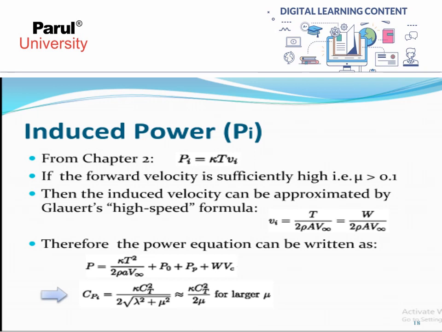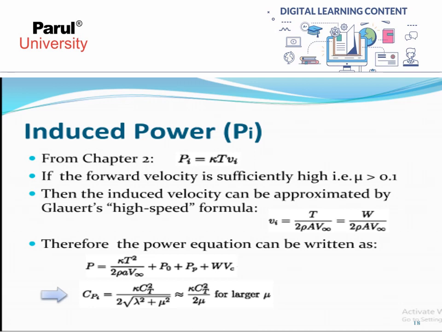Therefore, the power equation can be written as P is equal to k times T squared divided by 2 rho A V infinity plus P naught plus Pp plus W into Vc. Then in terms of coefficients, we can say Cpi is equal to k CT squared divided by 2 square root of lambda squared plus mu squared, which is approximately equal to k CT squared by 2 mu for larger mu. This is the induced power coefficient, right?